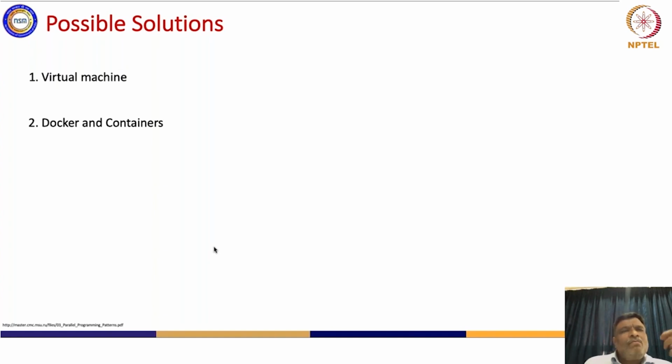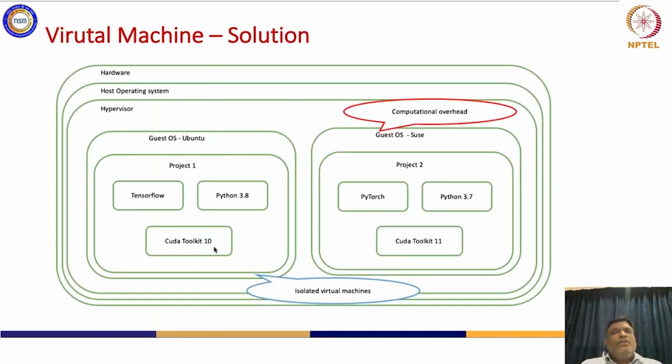So in case of a virtual machine, how is the possible solution going to look? This is how it's going to look. You have the hardware, you have the host operating system, you have the hypervisor, and then let us say for project one, you work with the guest OS Ubuntu, and then you have TensorFlow, Python 3.8, CUDA Toolkit 10.